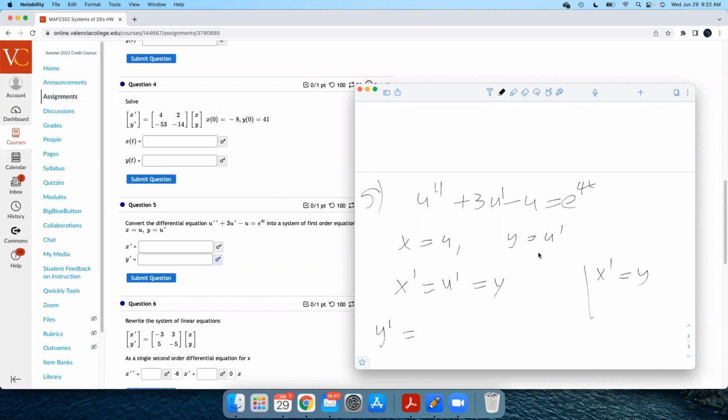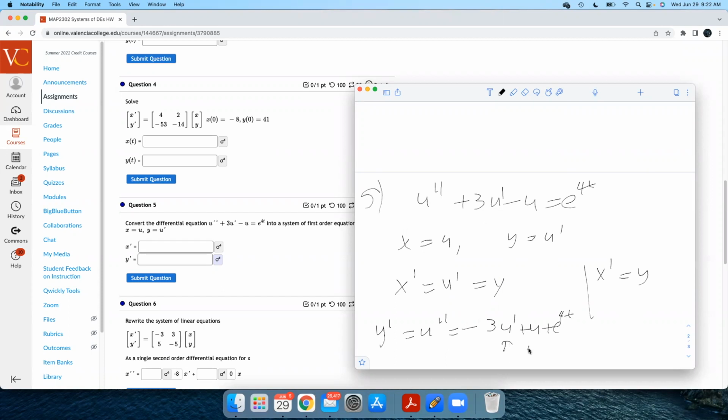y prime would be u double prime, right here, just taking that guy's derivative. But I know what u double prime is. If I solve the main equation for u double prime, I get negative 3u prime, plus u going to the other side, plus e to the 4t.